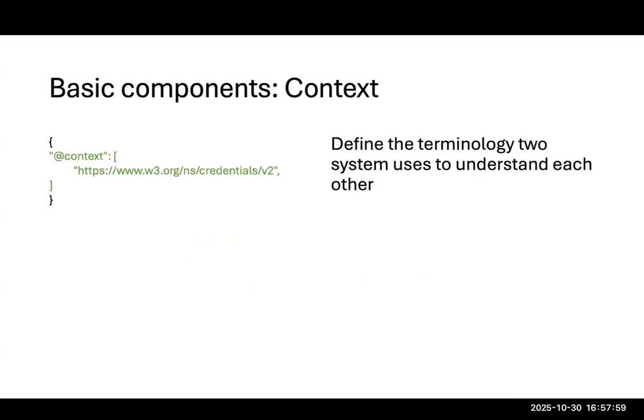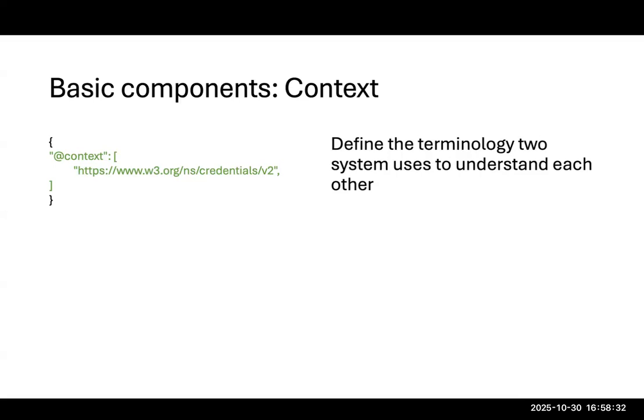Now let's go through the whole data model of a verifiable credential. The first is again the context. In this case, the context today is the verifiable credential recommendation version 2.0.